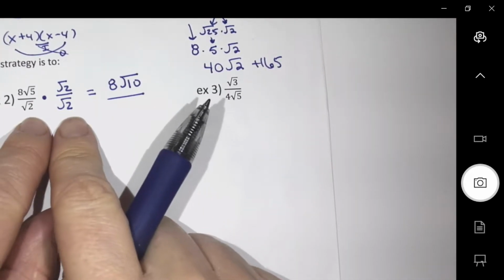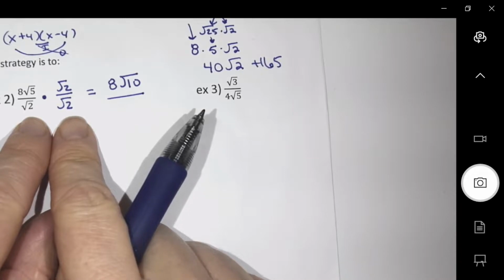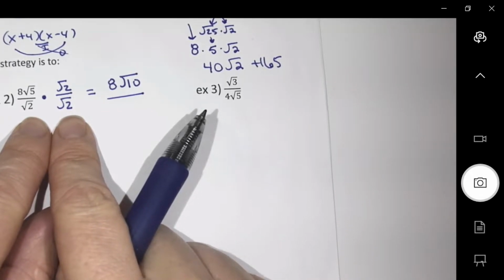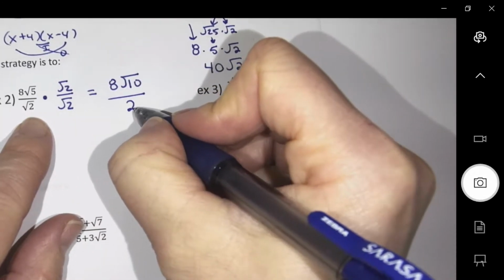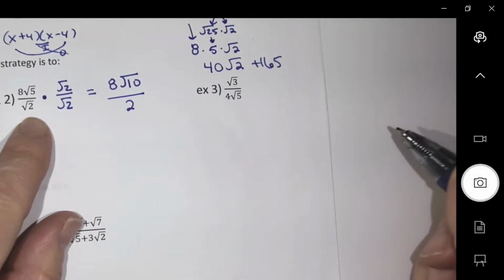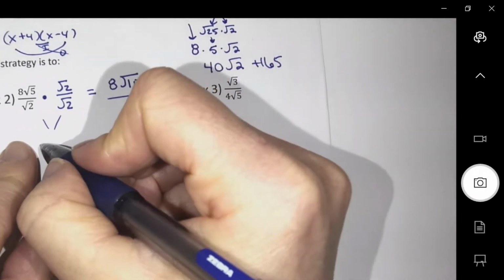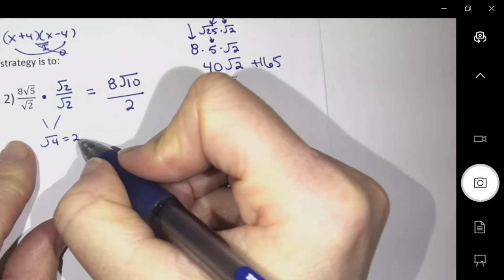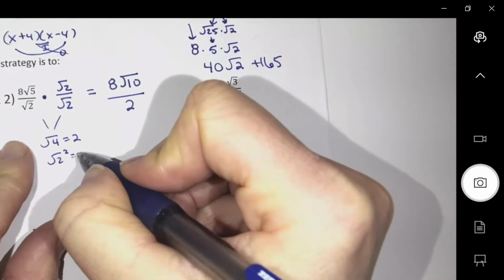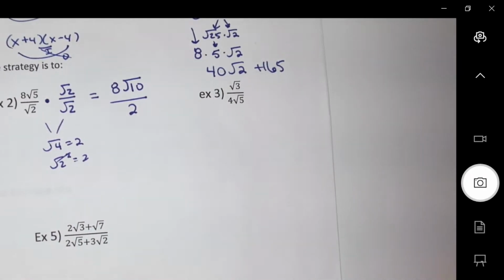Then, again, can you go a little faster here, understanding this concept? A root 2 times another root 2 makes whole number 2. Okay, however you're thinking about it, that's what's happening.